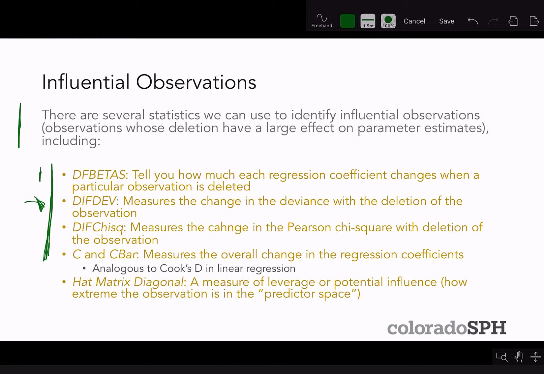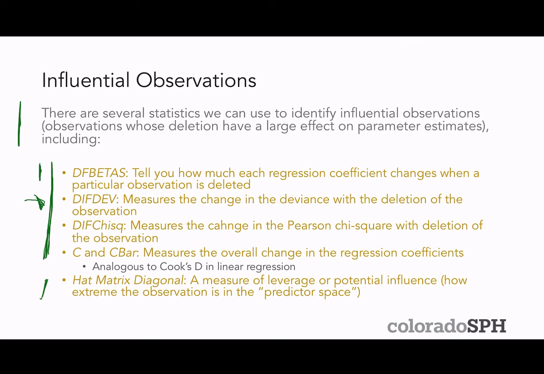I'm going to look at the DFBETAs, which tell you how much each regression coefficient changes when a particular observation is deleted, and the hat diagonal matrix, which is a measure of leverage or potential influence for each observation. But all of these can be potentially useful diagnostic criteria for influential observations.